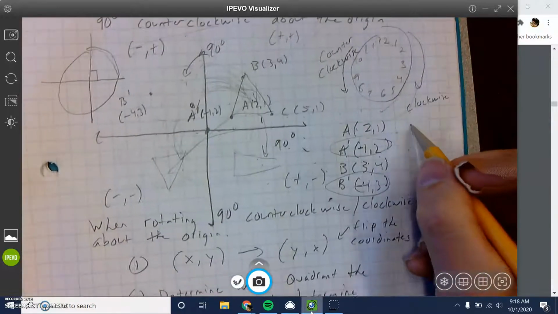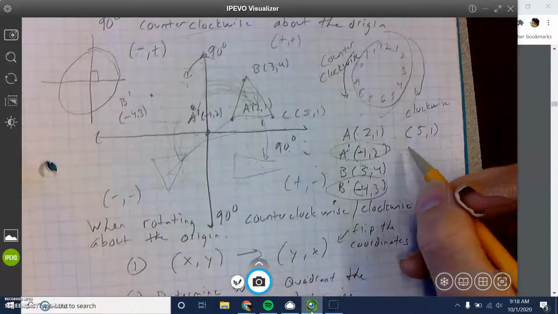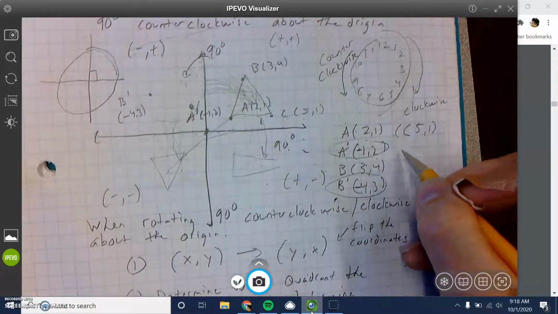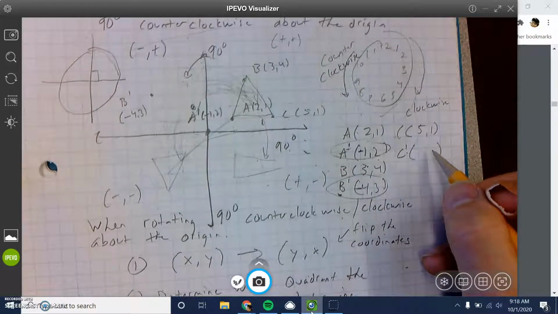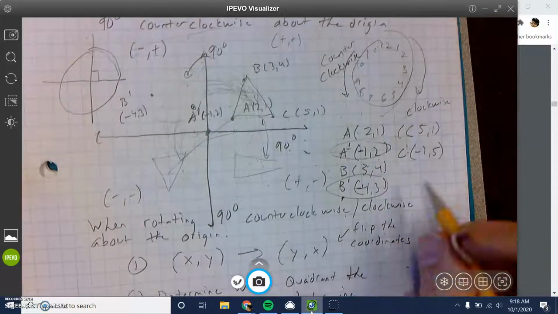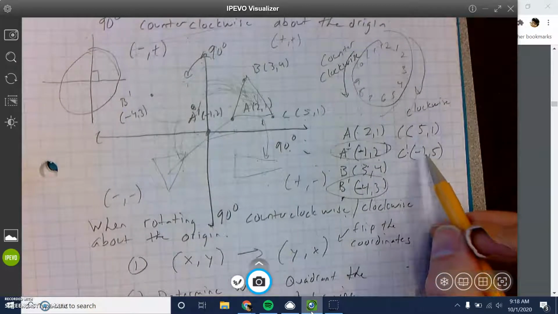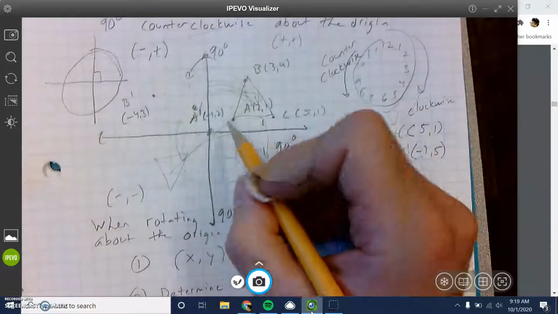Okay. Last but not least, we've got C, which was 5, 1. C prime is going to be what? See if you can do it. Yeah. Negative 1, 5, because you flip the coordinates and you have a negative for the x and positive for the y. Why? Because we're in quadrant 2.